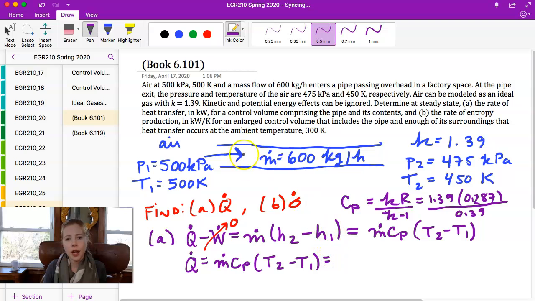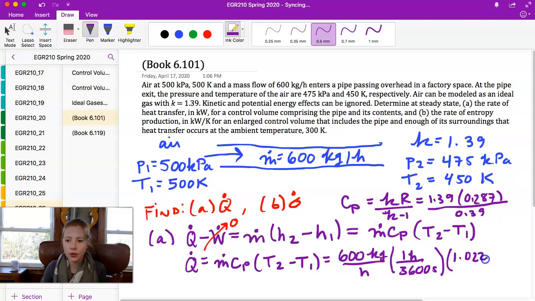And so M dot was 600 kilograms per hour. And we have to put this in base metric units, so we need to convert hours to seconds. So 1 hour is 3,600 seconds. And then our Cp is 1.0229 kilojoules per kilogram Kelvin.